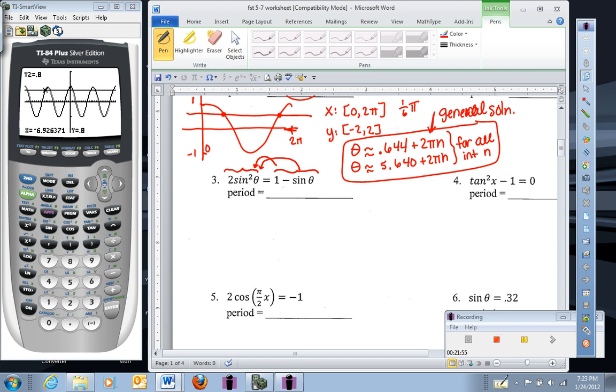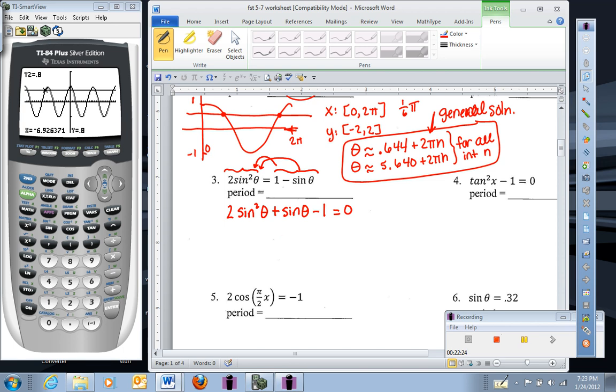Okay, so for the purposes of this problem, if I write down 2 sine squared theta, if I add sine theta over to this side, that'll make it a plus sine theta. And if I subtract 1 over to this side, that'll make it a minus 1. So when I move these two things on the right-hand side over to the left, they change signs, don't they? The 1 becomes a negative and the sine theta becomes a positive.